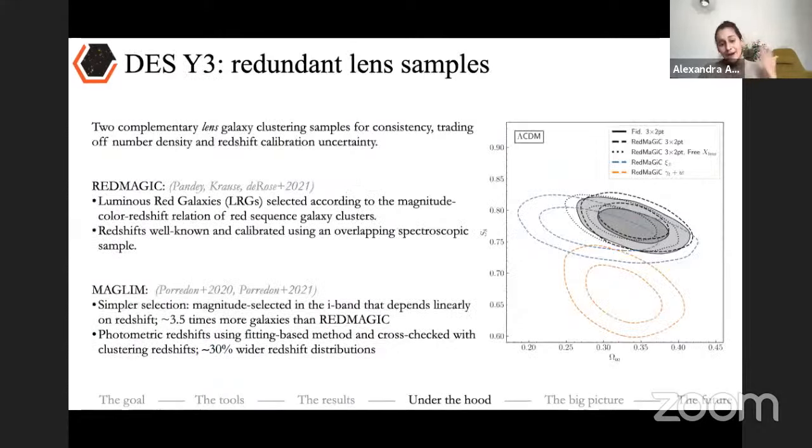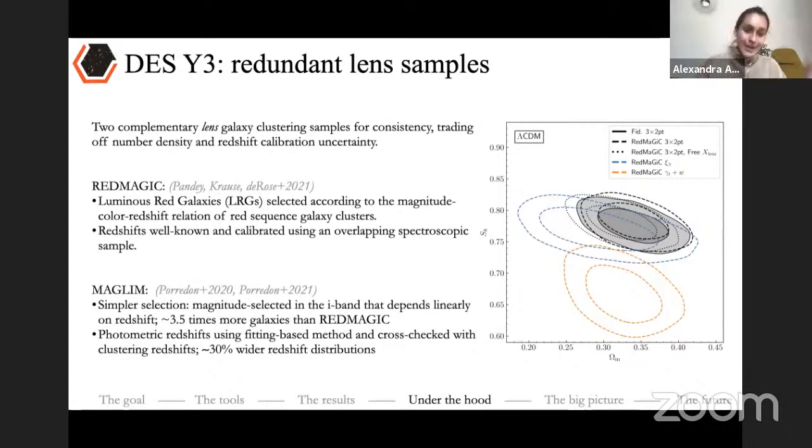To get around that in DES, we had 2 lens samples for year 3. We used redMaGiC, which is what was used for year 1. These are luminous red galaxies that are selected in a very specific prescription, but their redshifts are well known and well calibrated. And then we also came up with this new sample published in Anna Porredon's paper called the magnitude limited sample. It's a bit simpler selection, but you get a lot more galaxies that way.